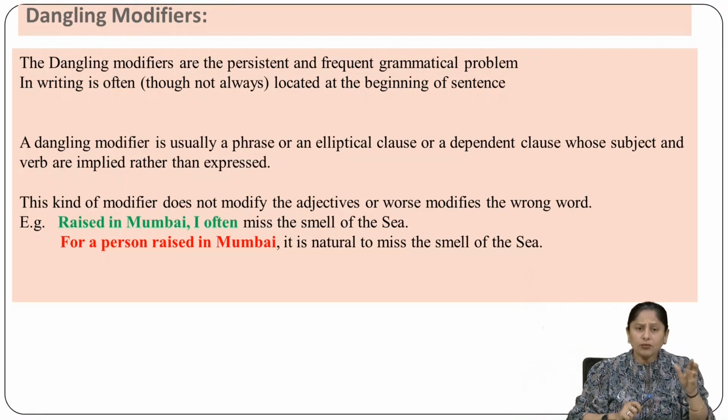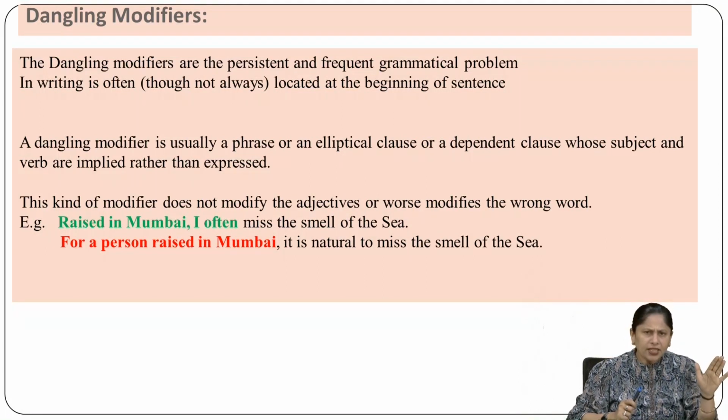Of course, in "raised in Mumbai" there is a verb, so you can say that it is a clause. When there are verbs in the group of words, they are clauses, and when there aren't any verbs in the group of words, they are phrases. I think that is very clear to you. If it is not clear, listen again.